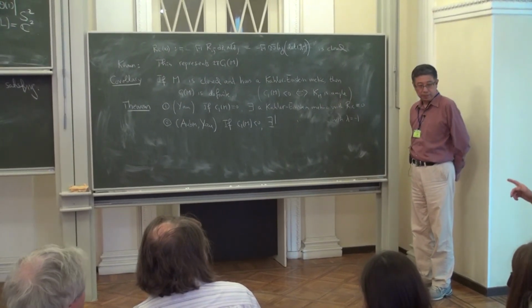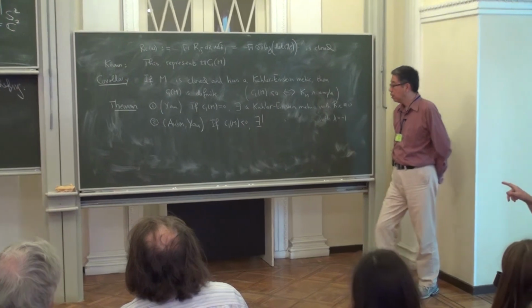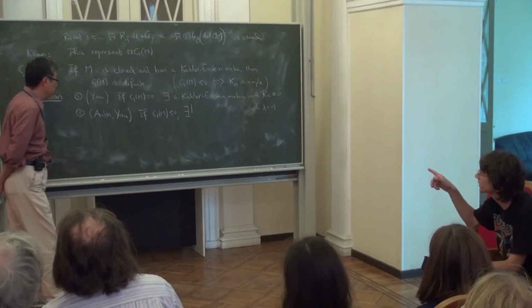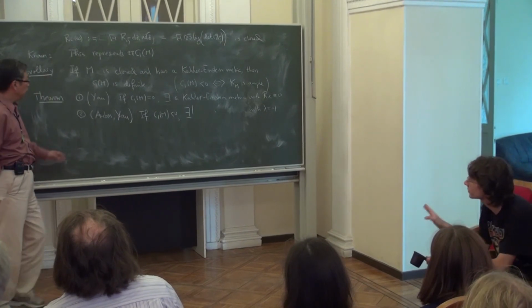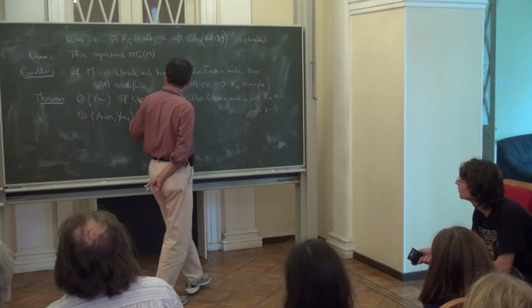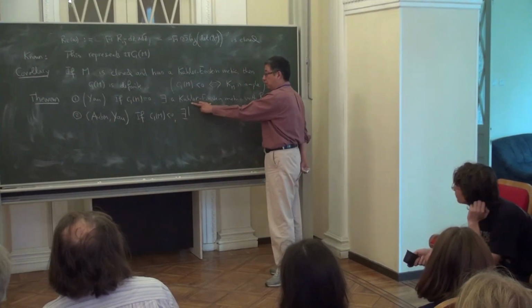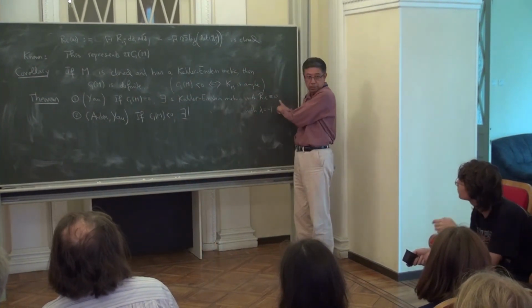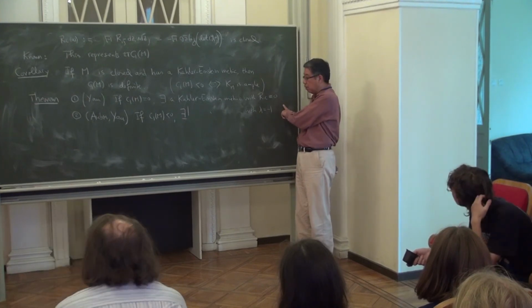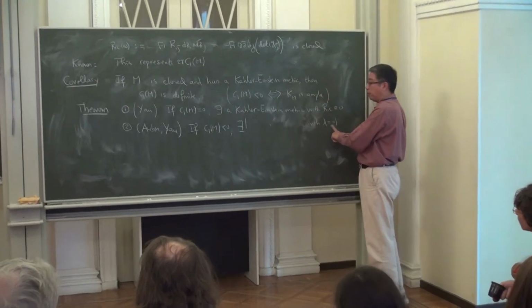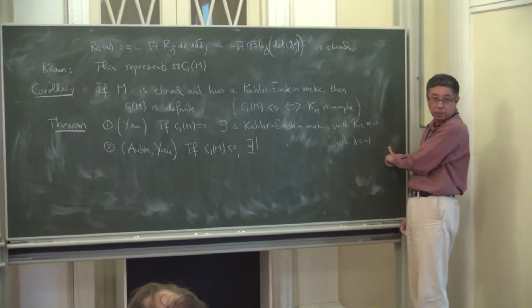Can you repeat, please, the case of the first Chern class? Yes. If C1(M) is 0, if the cohomology class is 0, there is a Kähler metric with Ricci 0. If less than 0, there is a Kähler-Einstein metric with lambda equal to -1, with negative Ricci curvature.